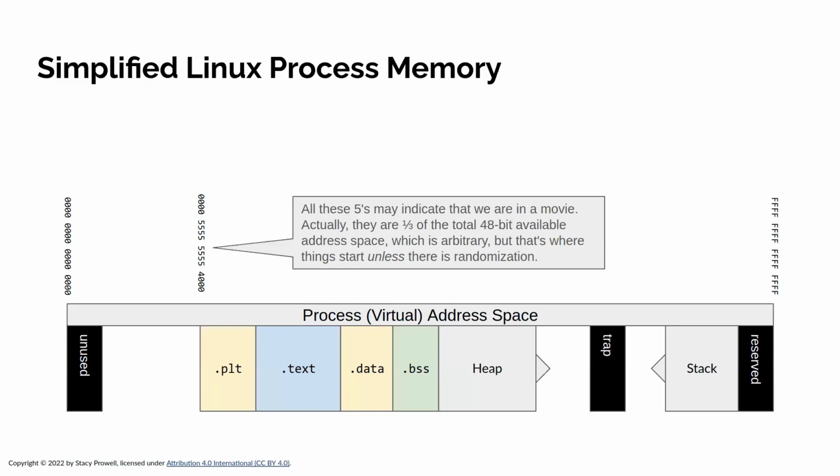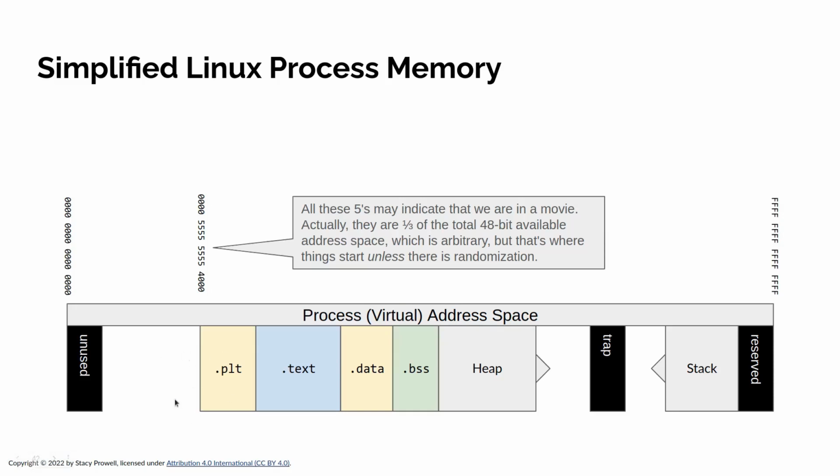So here's a very simplified view of Linux process memory. Unused down here, we have the PLT, the text, the data, the BSS. This is a typical layout of things. And then the heap. Often down here at low memory is where we've included an image of the header for the file that's being run, the ELF headers, often mapped to memory down here.